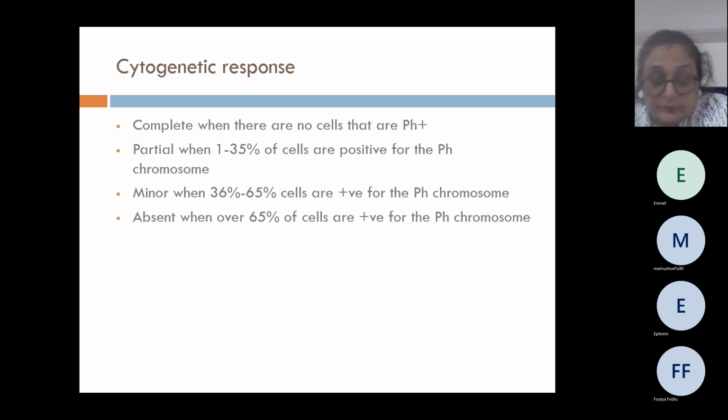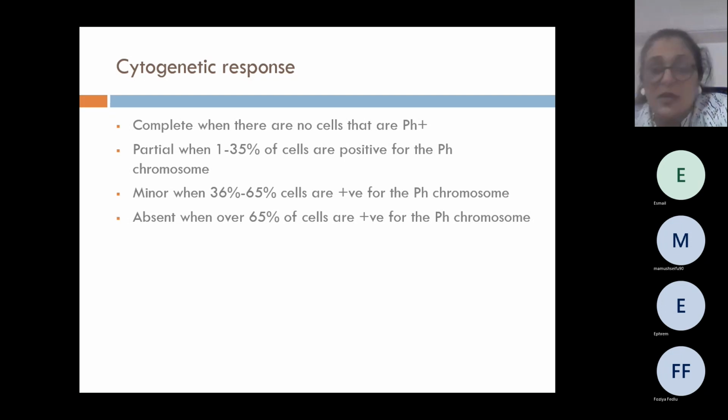So cytogenic response is complete when there are no cells that are PH positive. Complete cytogenic response means the Philadelphia chromosome is totally not there. Okay, so that is complete response.